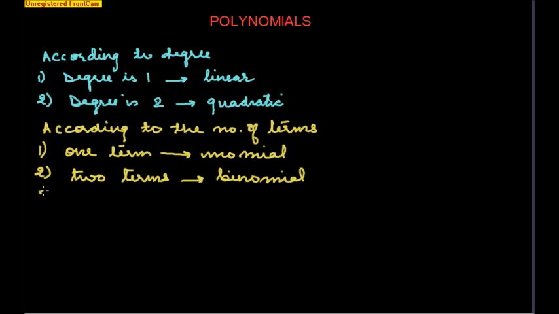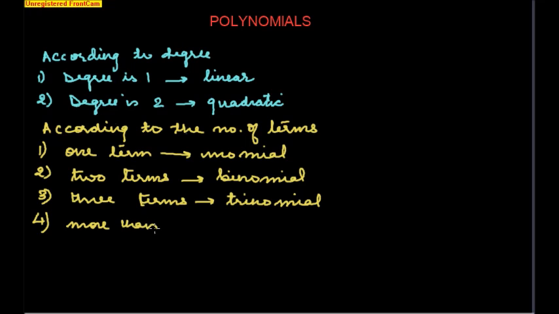If there are three terms, then trinomial, and more than three terms, we call it a polynomial.